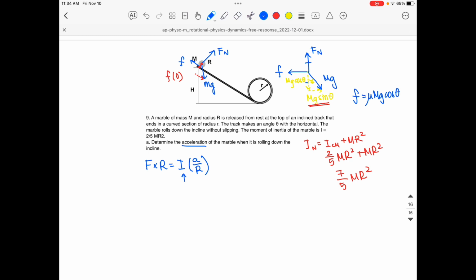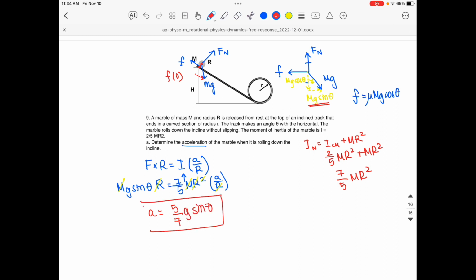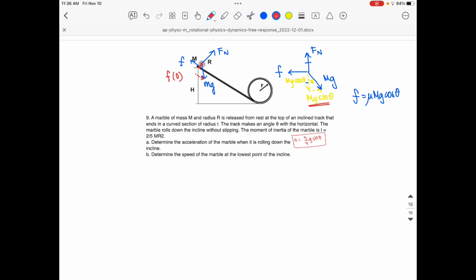The force that's creating torque, now that I've moved the axis of rotation, is going to be my component of gravity, mg sine theta, times the distance, which is r, equals 7/5 mr squared, times a over r. And then from there, you can solve for a. The r's cancel out, the m's cancel out, and a is equal to 5/7 g sine theta.